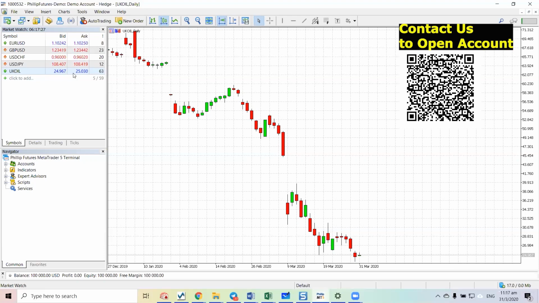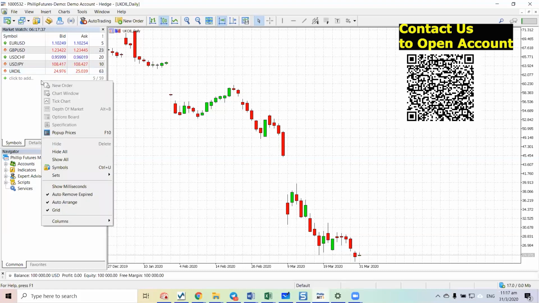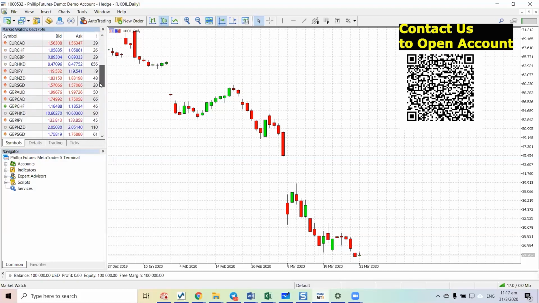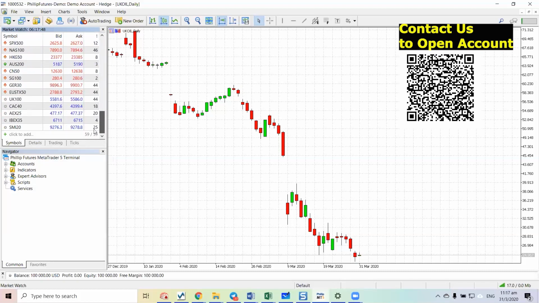When we want to know what products are available, how can I put everything in here? You can just right click on this area and click on show all. Basically this is the best view now. Whatever we can trade is all here.